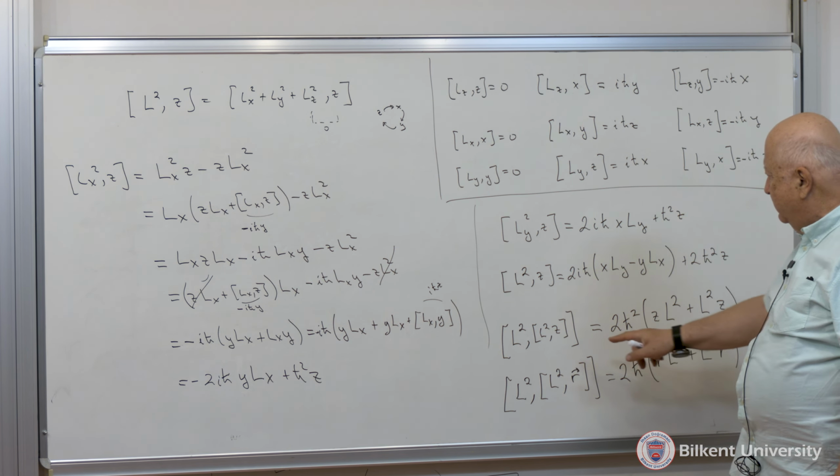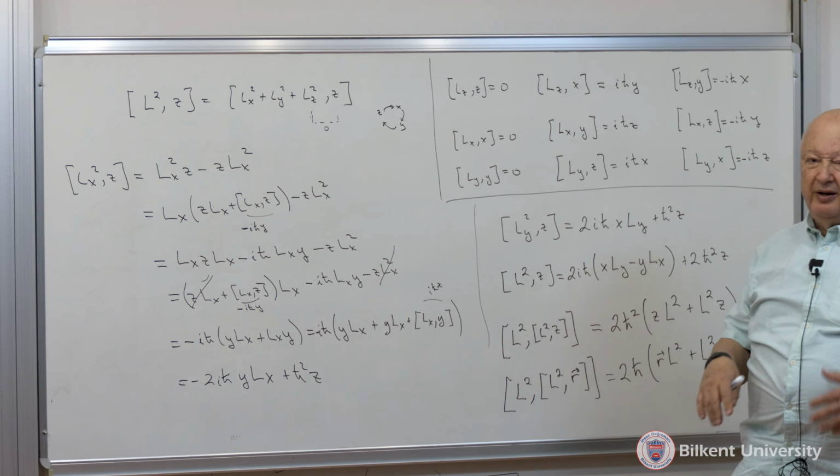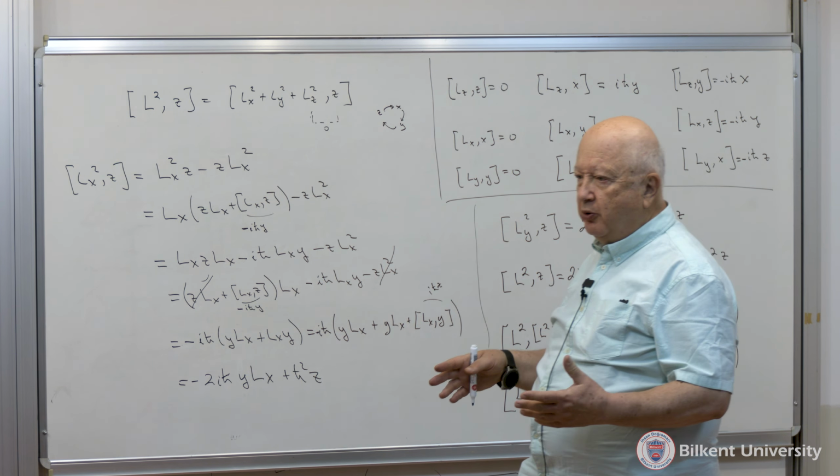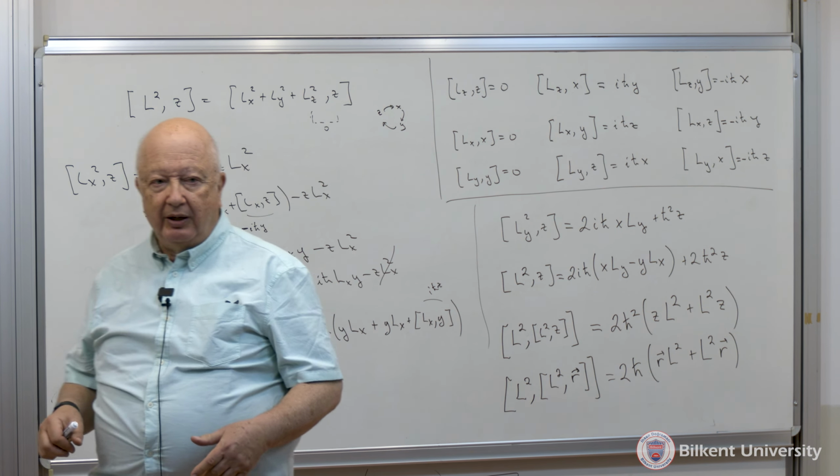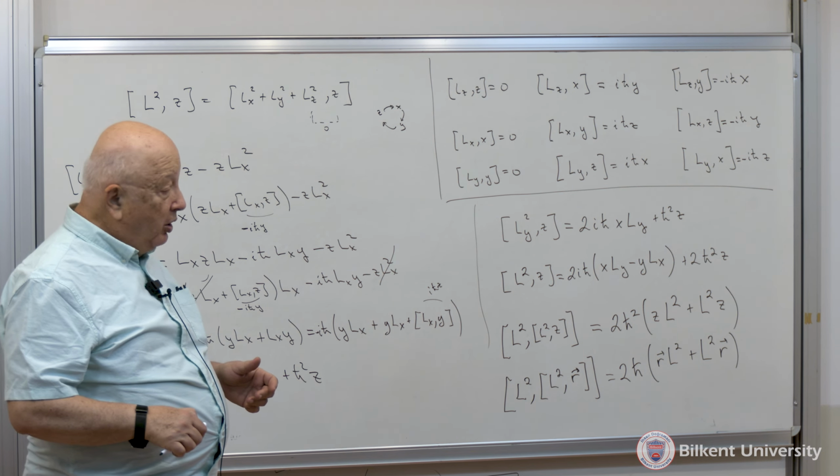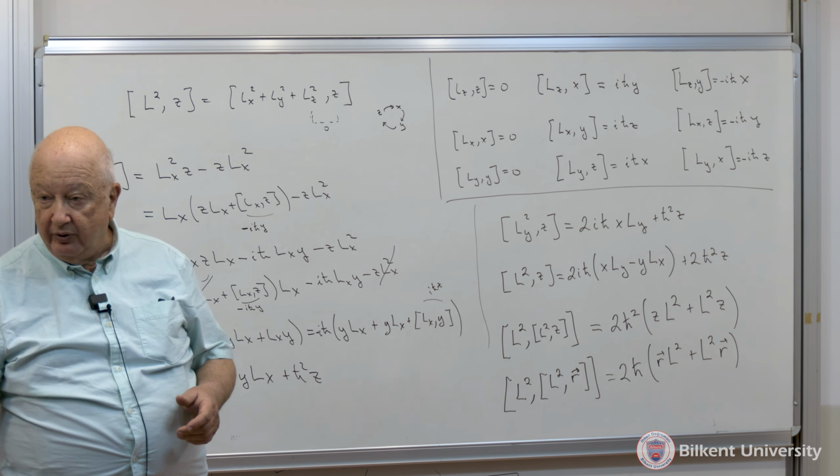So whatever result we find for the z component, it will work for the x component and the y component, which makes sense because L squared is spherically symmetric. Okay, let's have our break and then we'll continue.